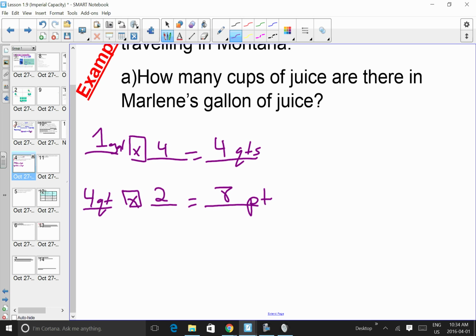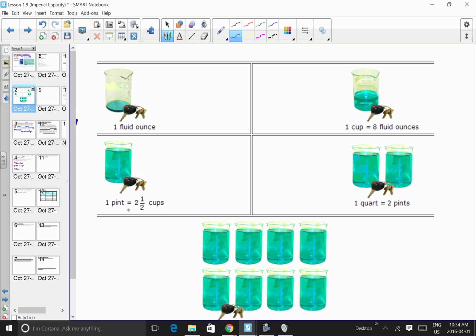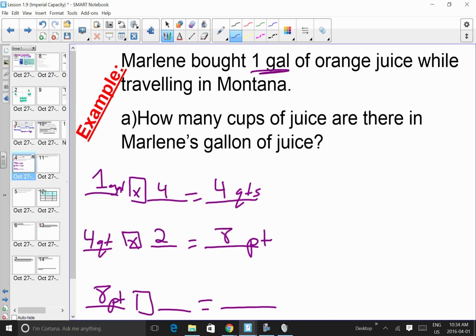And lastly, I want to change those pints. So now I have 8 pints. I want to change that into cups. So how many cups were in a pint again? 1 pint is 2.5 cups. So 2.5, and I'm changing to cups. And since I'm changing to a smaller unit, my number is going to get bigger again.